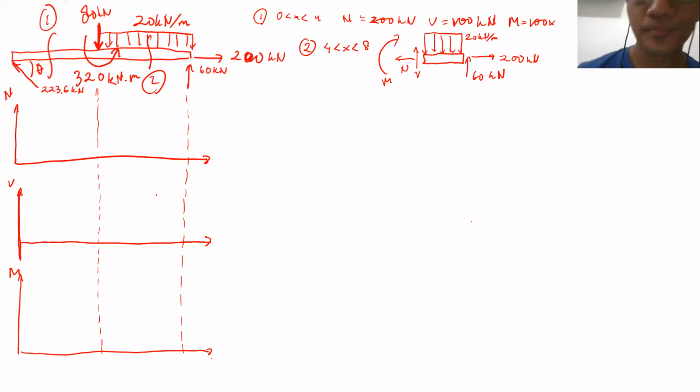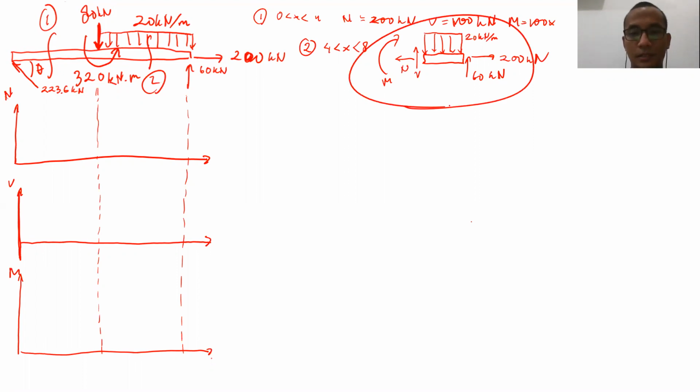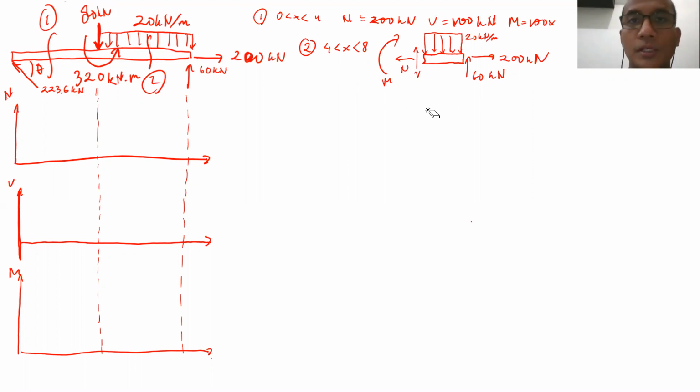So this is the free body diagram of the second cut. As you can see here, this is the free body diagram of the second cut. So I will continue for the second cut.